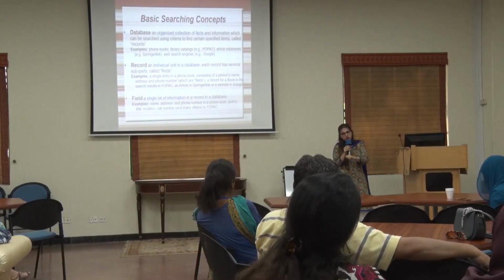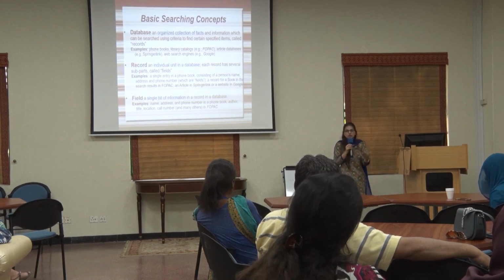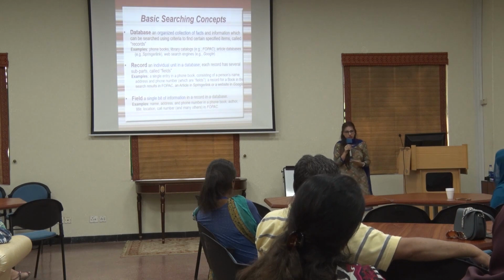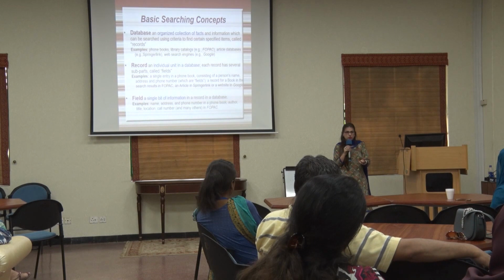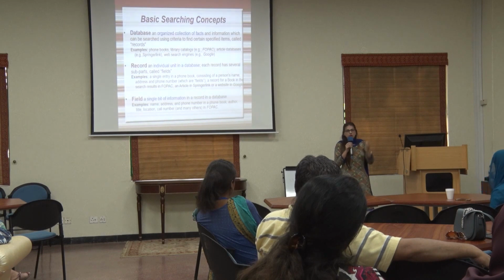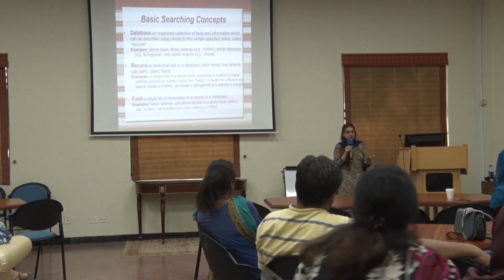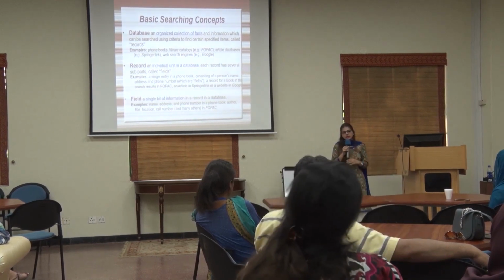Whereas when you search in a database, and we're going to perform some searches over here as well, it is a very specific search, and the information is indexed in it. The information is retrieved from those databases, which is why you have to be very specific. In Google you can put any query, even a random one, and it brings you something, but you cannot just put anything in a database.